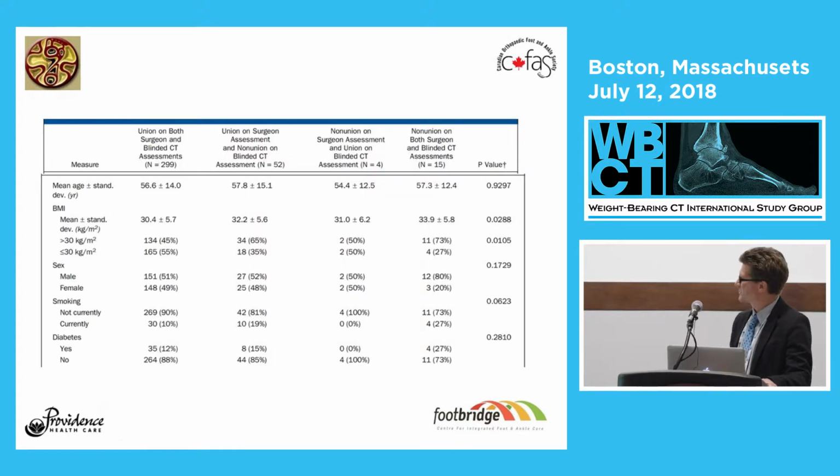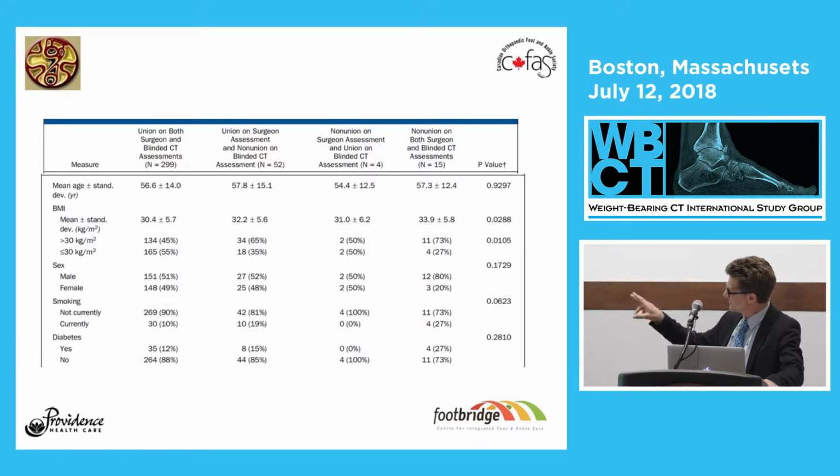If we then look at these 4 groups I explained to you, there's no real difference in their demographics. So: union on both surgeon and CT, union on surgeon and non-union on CT, and then non-union on both surgeon and CT. You can see actually that there's a large number of patients. There was 299 in the group where both the surgeon and CT agreed, but a significant number, 52, that would fall into this asymptomatic non-union group, i.e. the CT said they weren't healed, but the surgeon said they were.